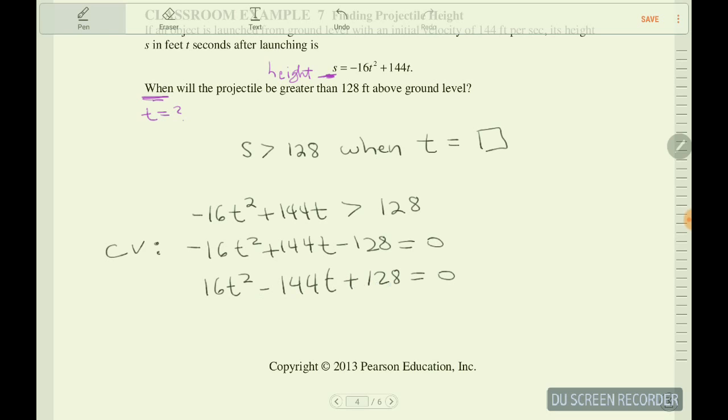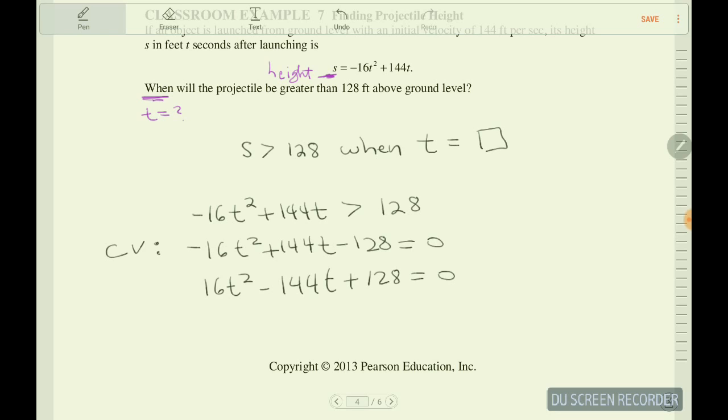And try to factor this out. So I think 4, even 16 might go evenly into all of those. No, it doesn't. But 4 almost certainly does. Let's see. No, it does not. Okay, so then we'll just keep it like it is.